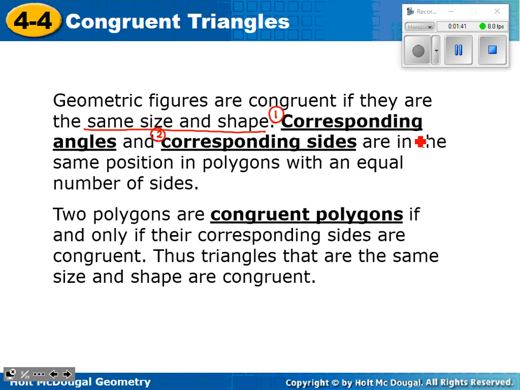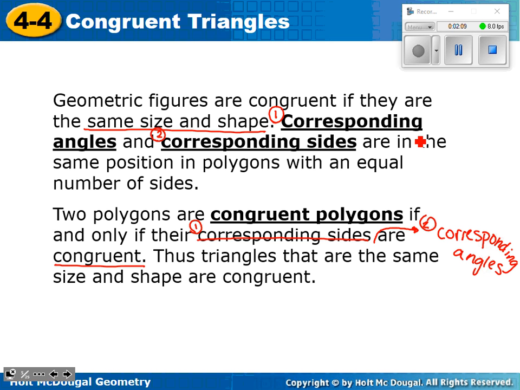Okay, so for 2 polygons to be congruent, their corresponding sides, and I want you to add right here, and their corresponding angles, in order for 2 polygons to be congruent, their corresponding sides and their corresponding angles must be congruent.